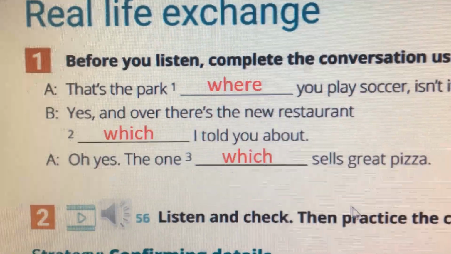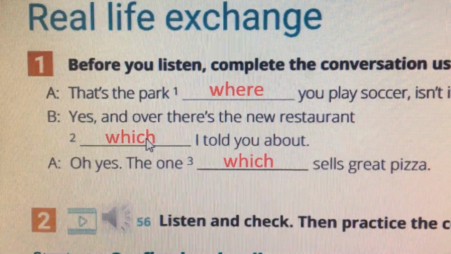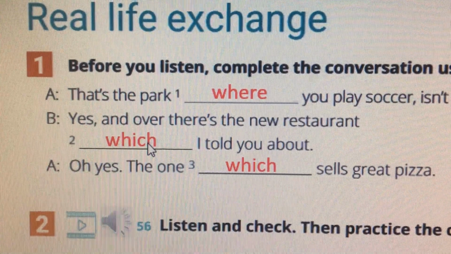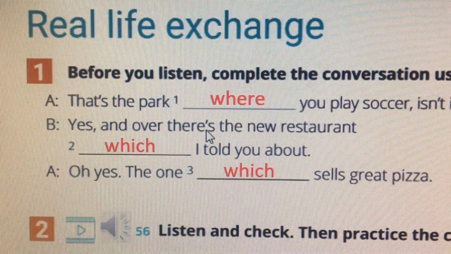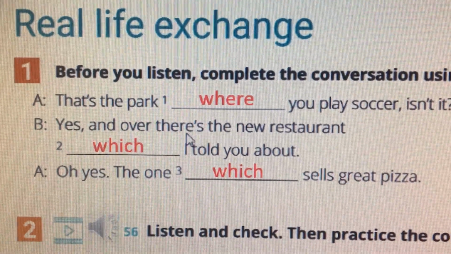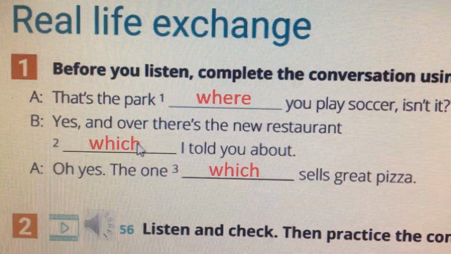And restaurant. This restaurant is not where. If you're saying over there, we don't usually use where. We use which.